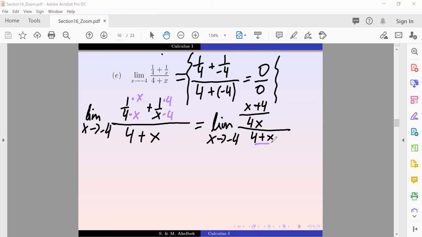4 plus x is 4 plus x over 1. To divide by a fraction means multiply times its reciprocal.